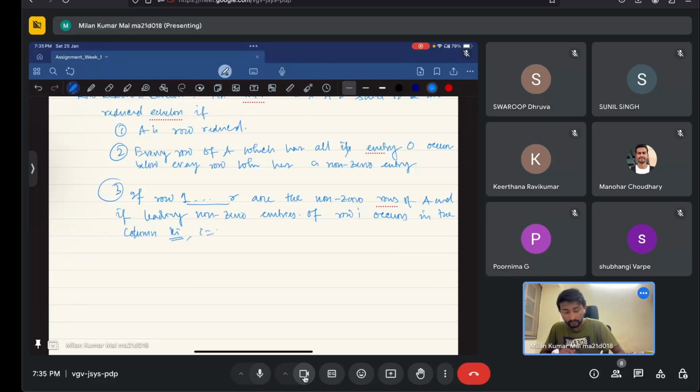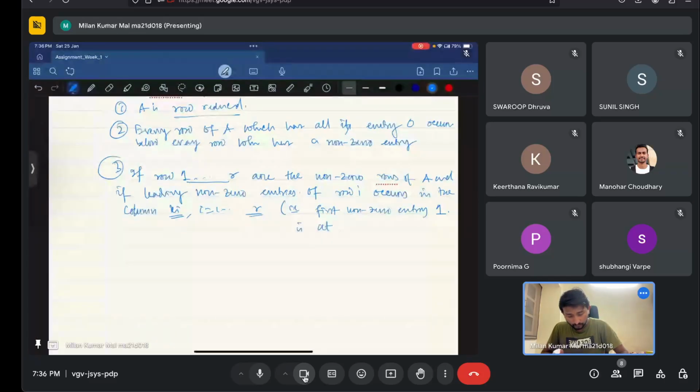That means the first non-zero entry, which is 1 because this is row reduced, is at the i comma ki position of row i.